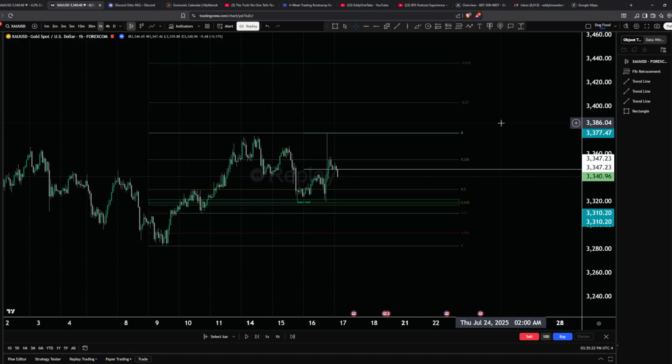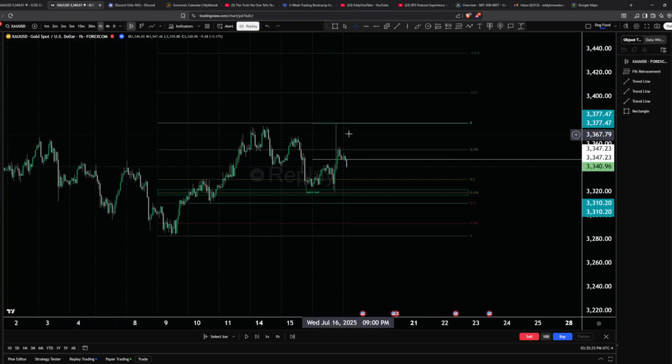Now, if we are bullish overall on a higher time frame, what would we be looking for in order to get our move? Well, for one, I'm on an hour and I've already identified liquidity up here from when the market made a high yesterday, and then liquidity is also down here at this blue line from July 10th, right?